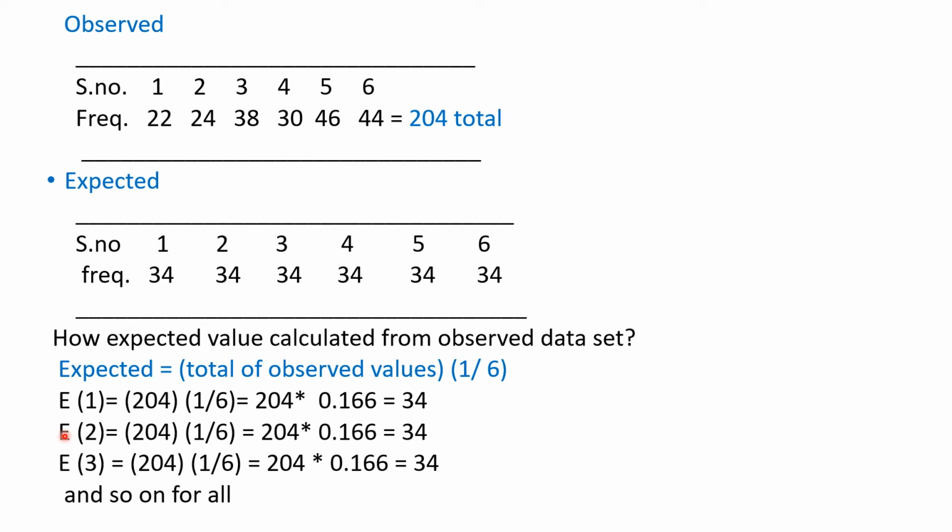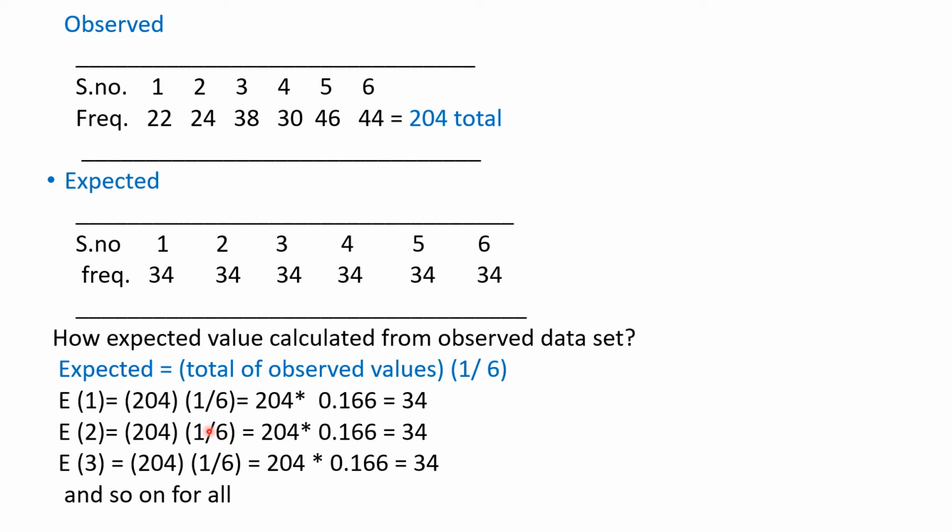Similarly, if we calculate the second expected value, the result will be the same because nothing is changing. What we need is the total of observed values multiplied by 1 divided by 6, or one observation divided by total number of observations.